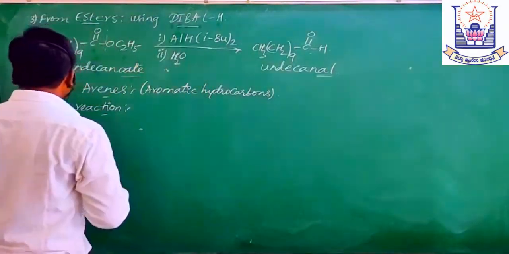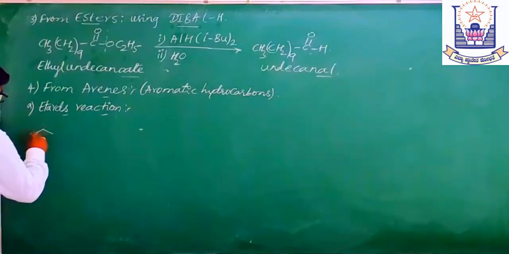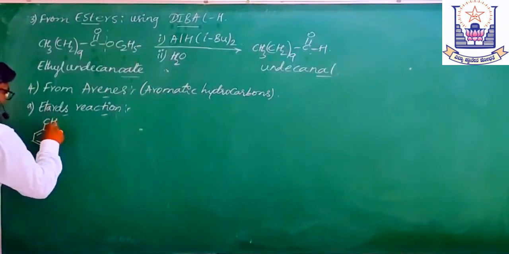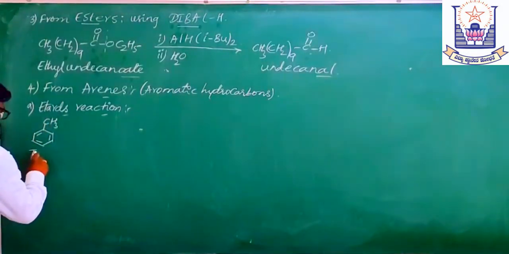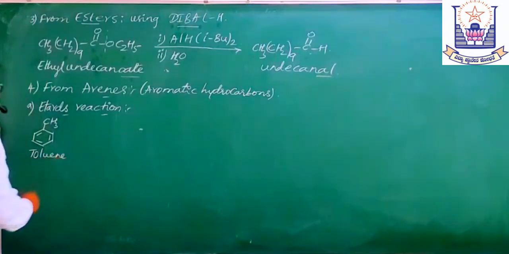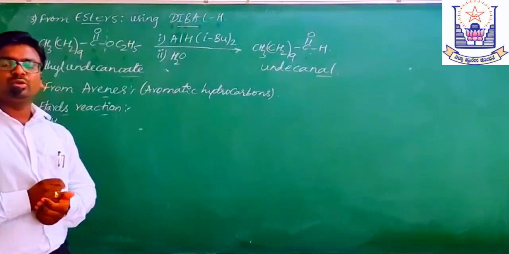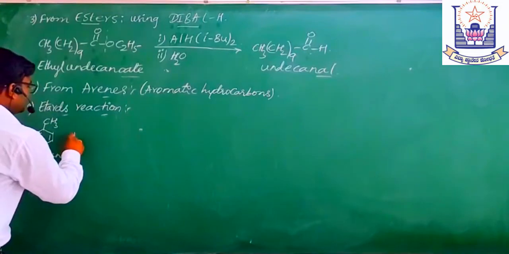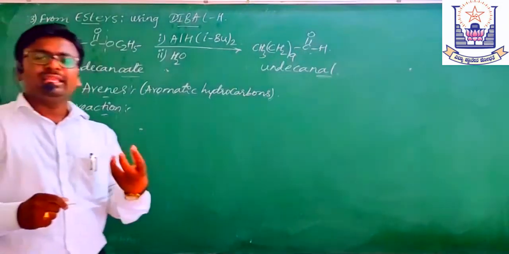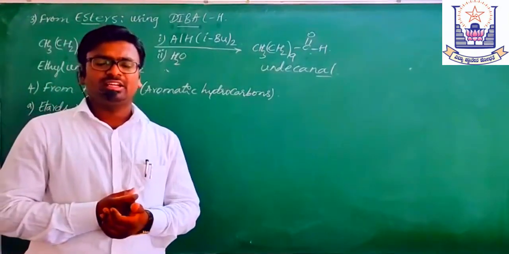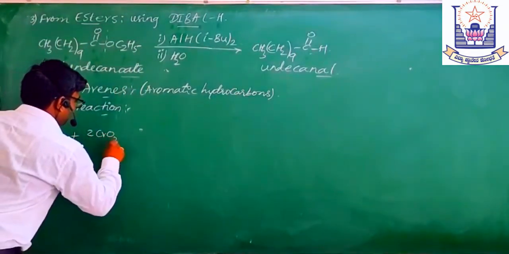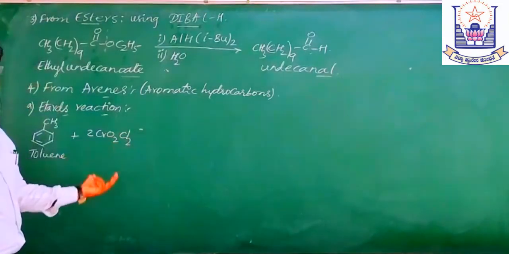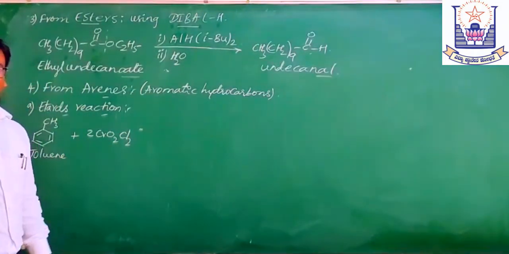When toluene, what is toluene? The methyl benzene is called toluene. When toluene is treated with chromyl chloride in the presence of a less polar solvent, that is carbon disulfide. This chromyl chloride is a gas.